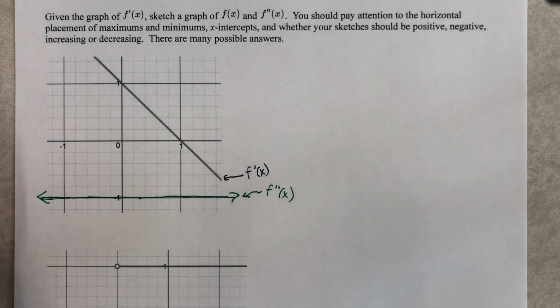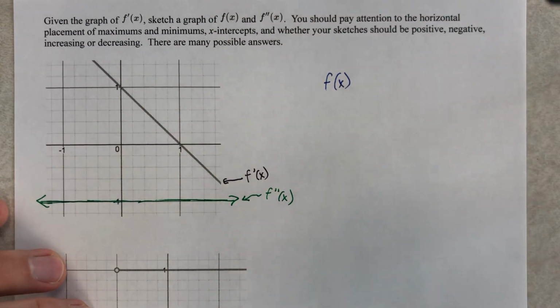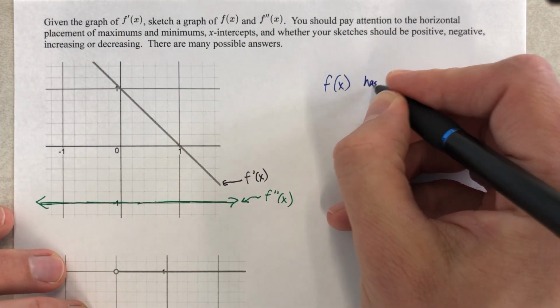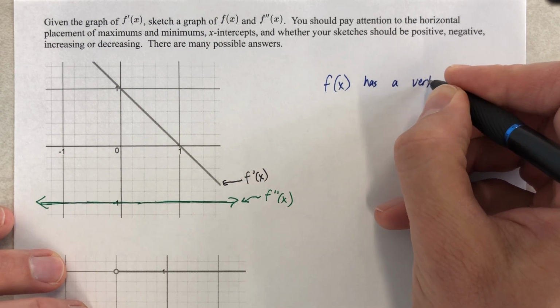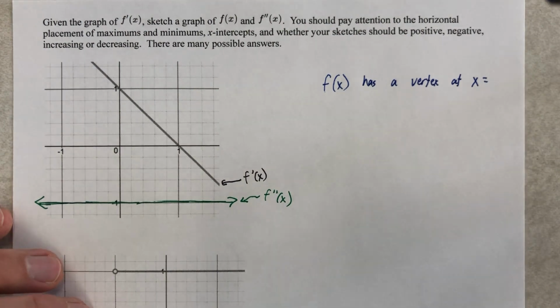That parabola, I'm going to start listing things about it in blue. My original function is going to be blue. F. I'm just writing things about F that are good to know. F has a vertex at what x value?